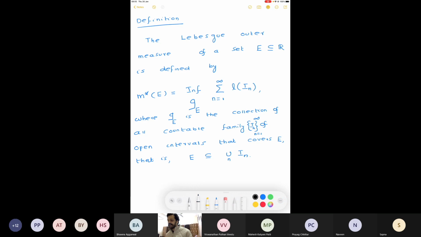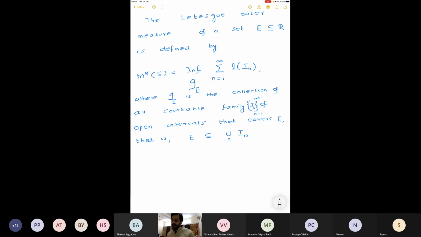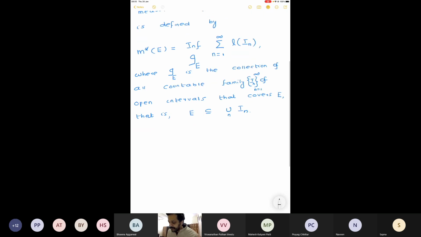From the very definition, you can see that for any subset E of R, the Lebesgue outer measure is non-negative, right? M star of any E in R is greater than or equal to 0, possibly infinity. We are working on extended real number system. Therefore, you can view this M star as a function.